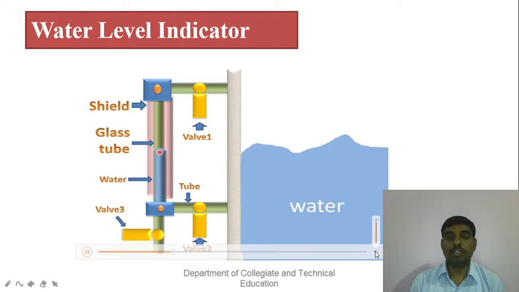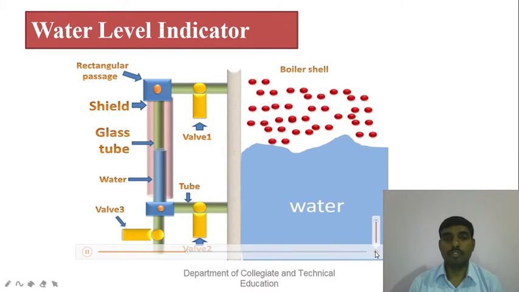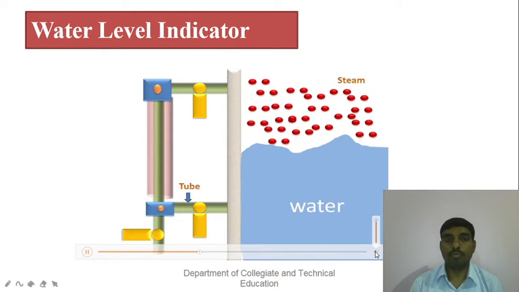There is water in this tube because the lower level is connected to the water. This is the rectangular passage, and in the upper portion we have steam in the boiler shell. Now what will happen? The lower portion is connected to the water and the upper portion is connected to the steam, and this valve is in open condition.